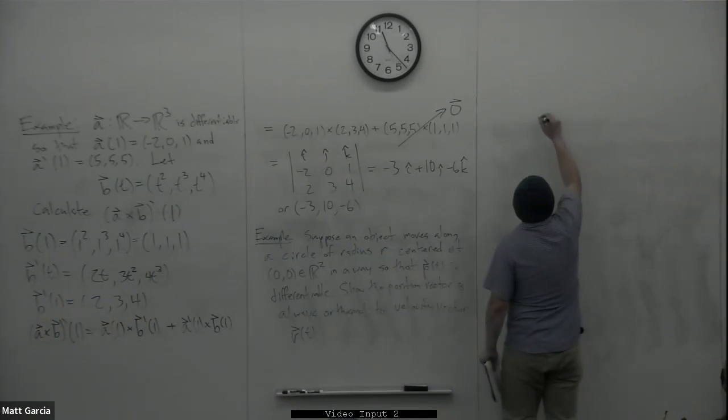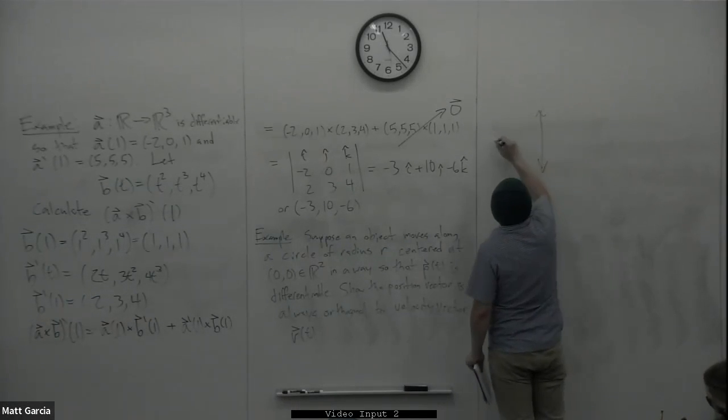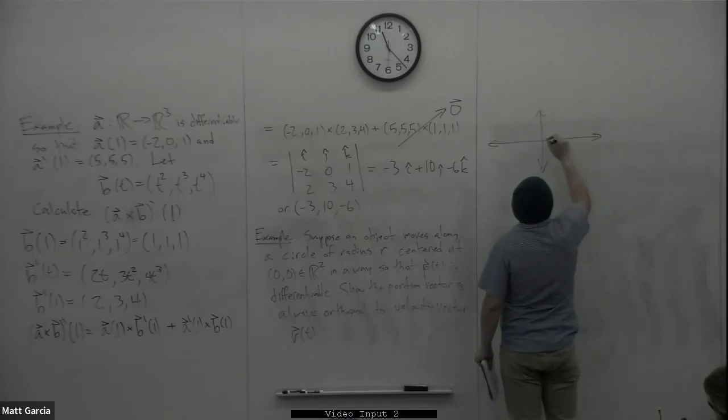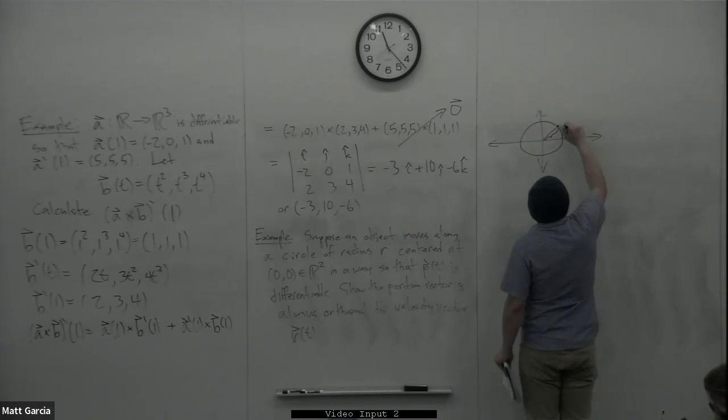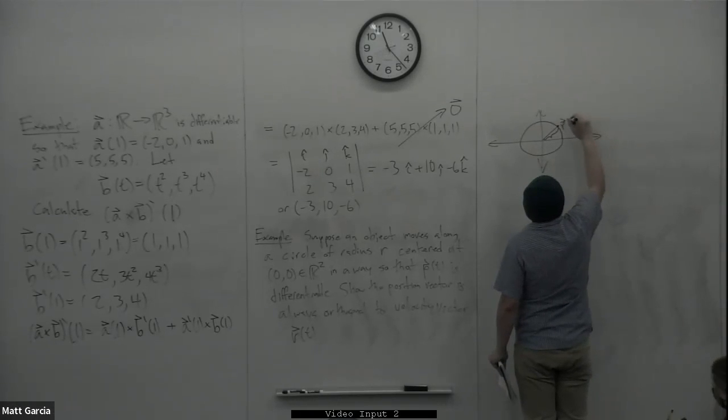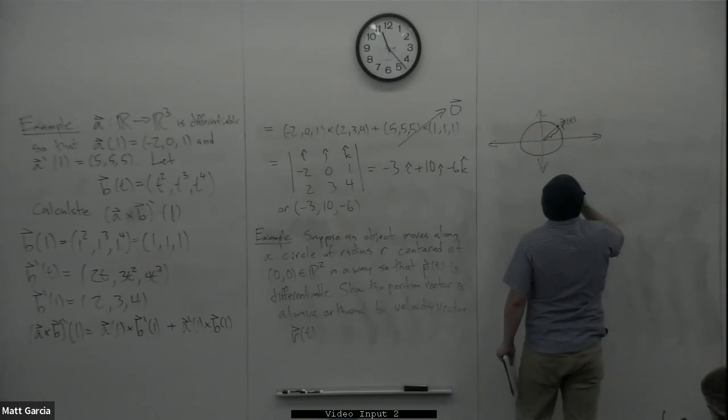Okay, here's the schematic diagram. Here's my best approximation of the circle. We have radius R. Here's our object. This is its position at time t.